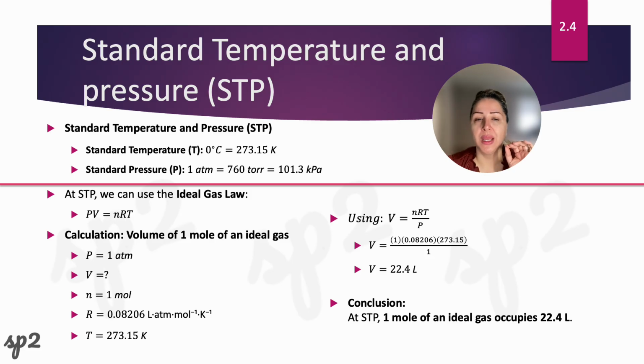So as long as you are at STP conditions, everybody listen up, for all gases, it doesn't matter what the gas is, if you have 1 mole of that gas, it is going to take up 22.4 liters. Okay, cool.